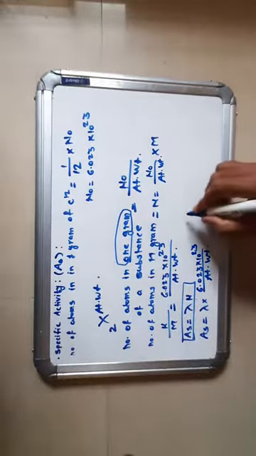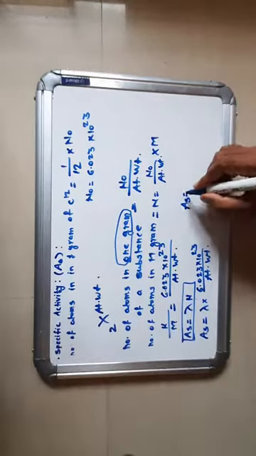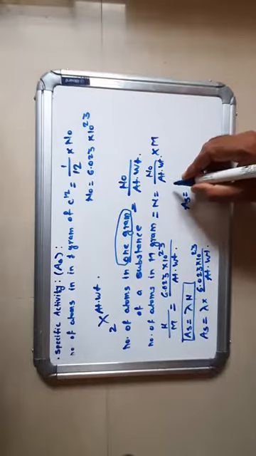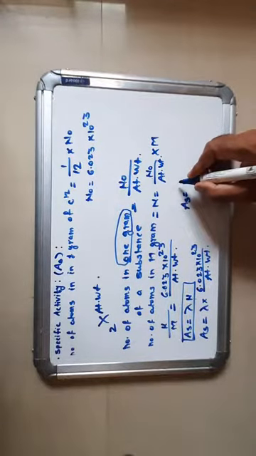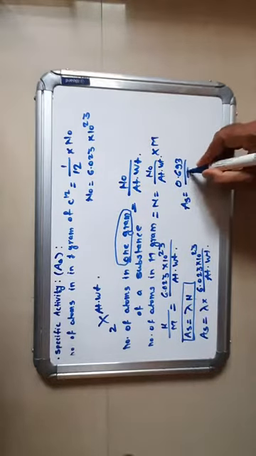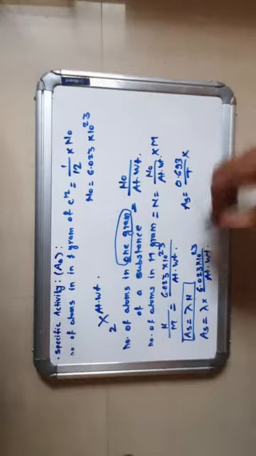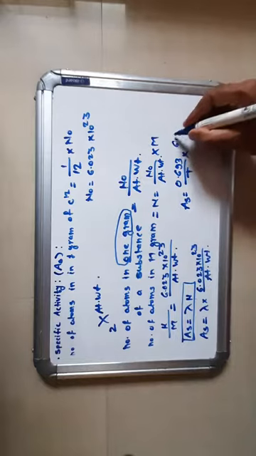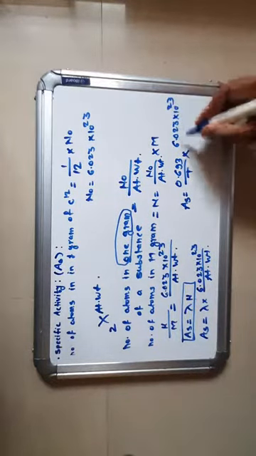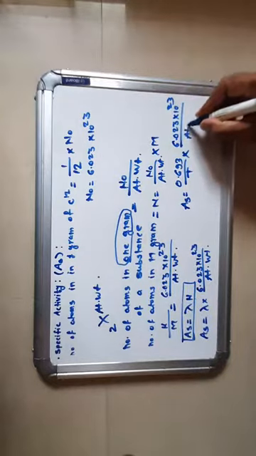Then A_S is equal to lambda, and for lambda we use the half-life formula, 0.693 divided by T, into 6.023 into 10 raised to 23 divided by atomic weight.